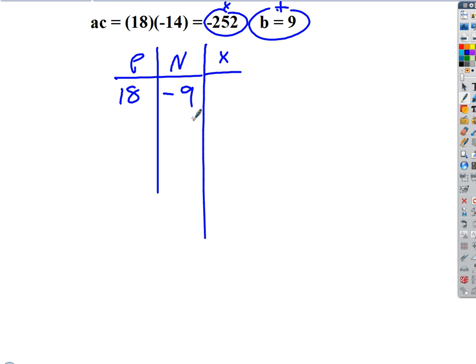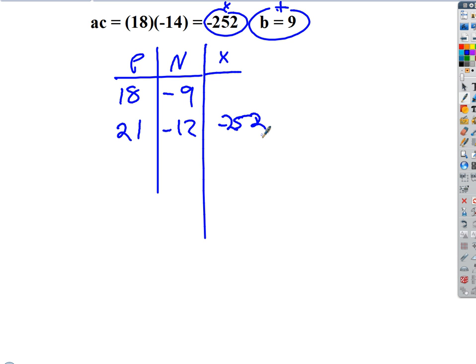Because those add to 9, you see what I'm saying? And that's not going to be big enough, is it? That's only going to give us negative 162. So I need bigger numbers. Okay, so what if I tried 21 and negative 12? That does it, right? Those multiply to negative 252. So those are my numbers.